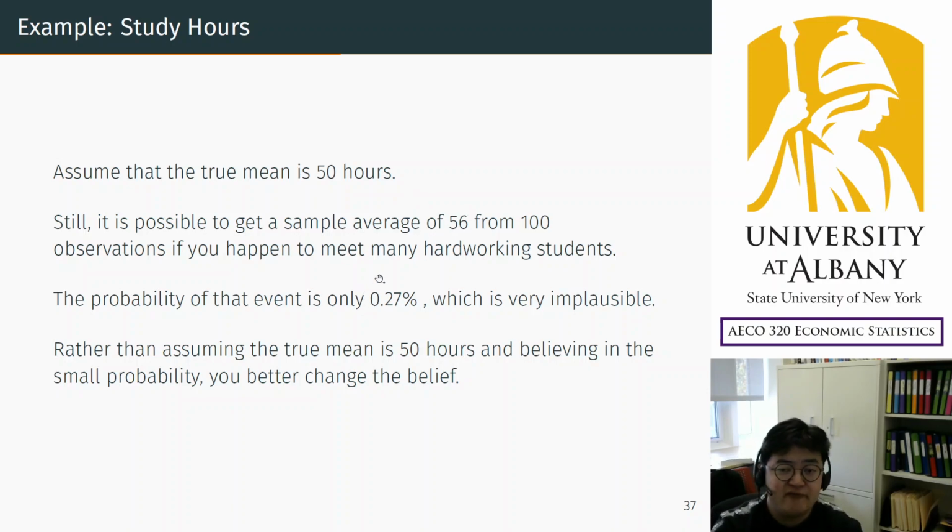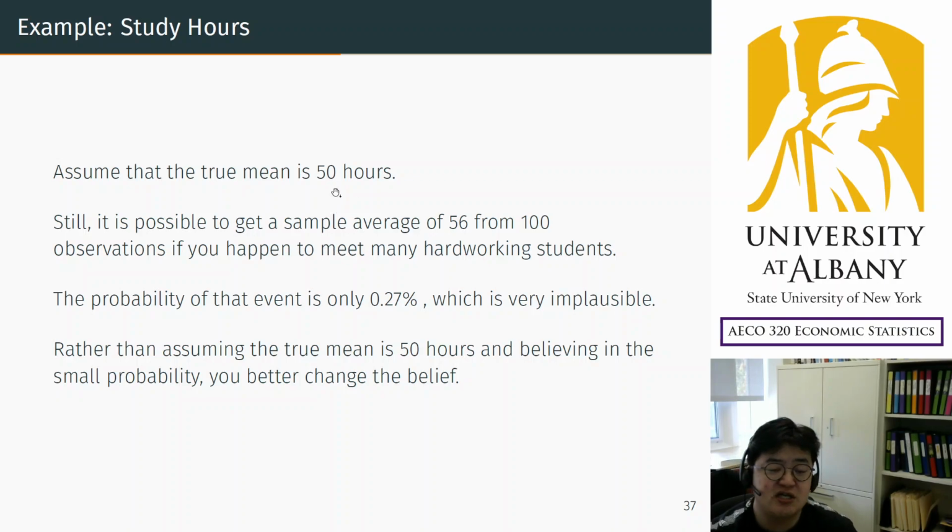However, if that was just random error, to have that much difference, I had to be really lucky to meet many hardworking students, right? How likely is that? I calculated that probability. It is only 0.27%. So the difference of 6 is very, very unlikely to be random error. It is not random anymore. Then you cannot just excuse it as a random error, but I have to admit that my belief was wrong.